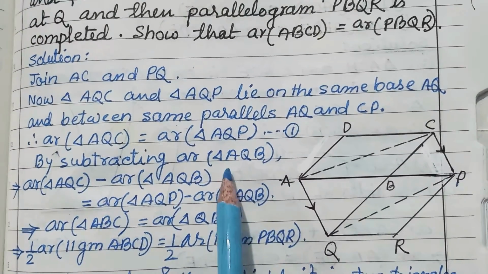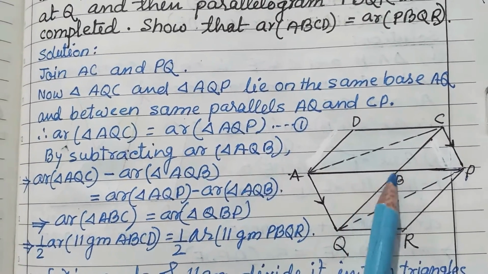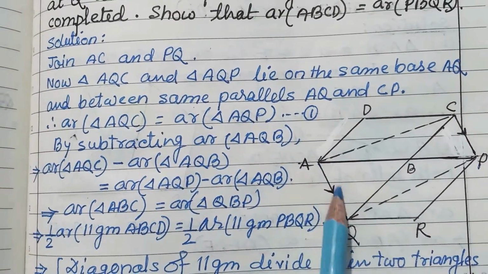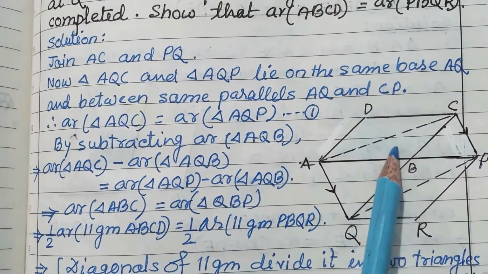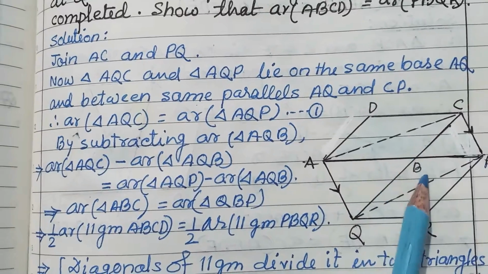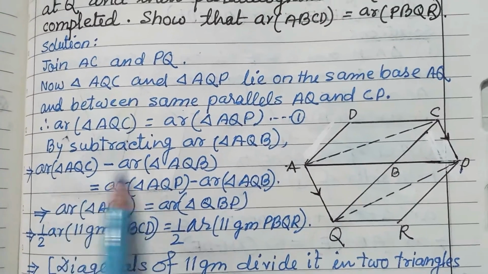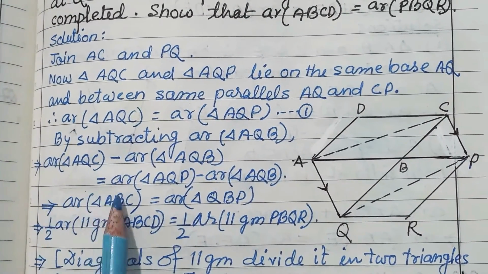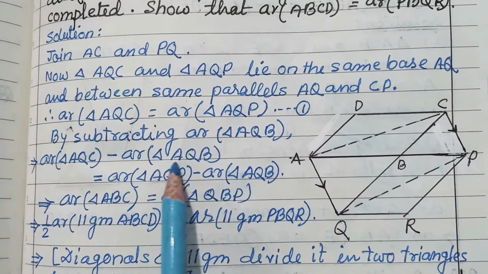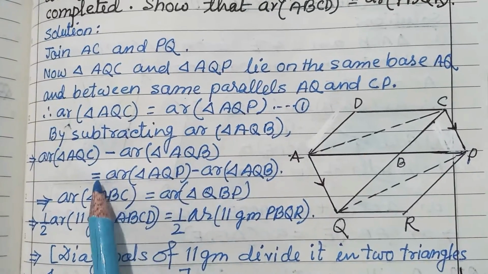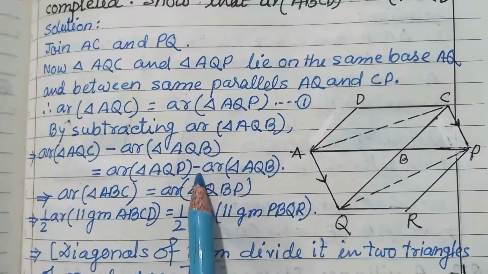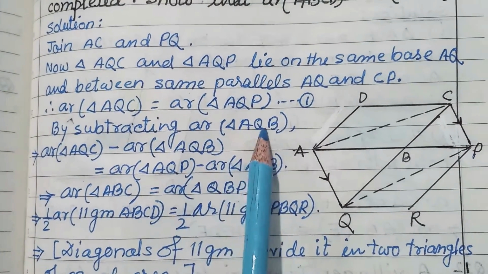By subtracting the area of AQB from these two triangles, only this much part will remain. So the area of triangle AQC minus the area of triangle AQB is equal to the area of triangle AQP minus the area of triangle AQB.